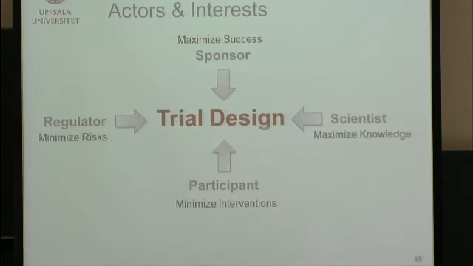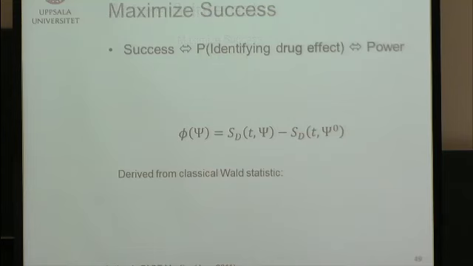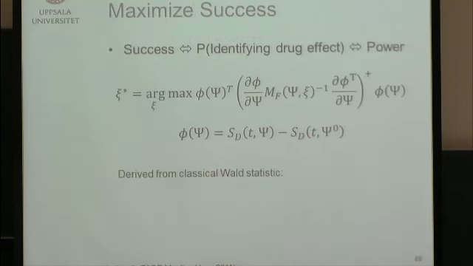The third actor, the sponsor, who might be interested in success, we can interpret that as the probability of correctly identifying a drug effect, or statistical power. We developed an extension of the classical Wald statistic, which was presented at the PAGE meeting this year.